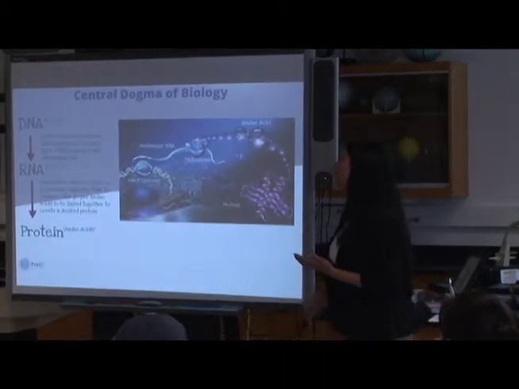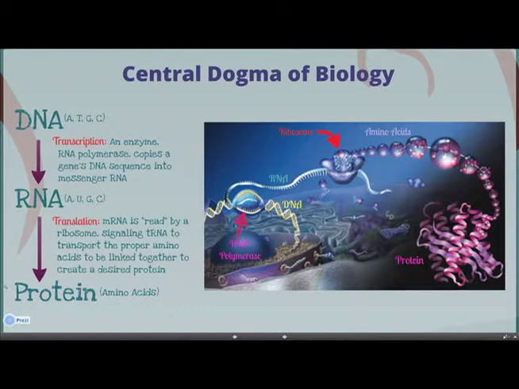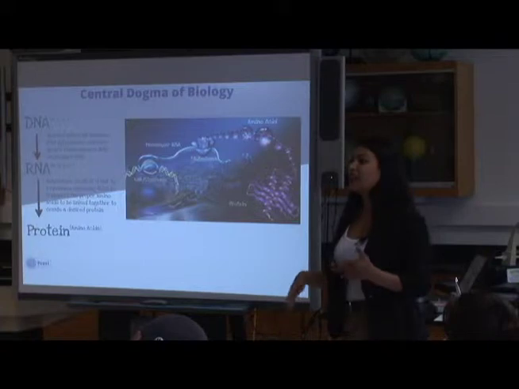So the process of going from DNA to protein is called the central dogma. So the central dogma can be broken down into 2 basic steps. So this is an extreme simplification of what's happening at the molecular level, and we'll need it to move on into how we use synthetic biology in the lab.